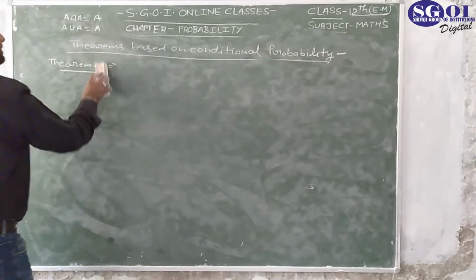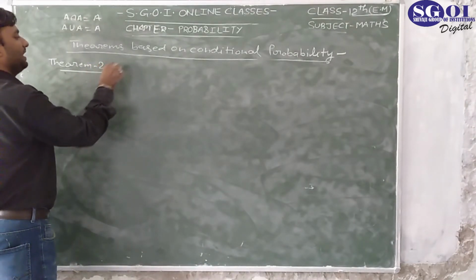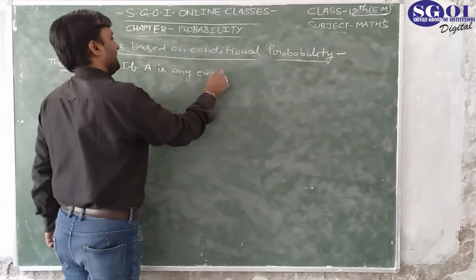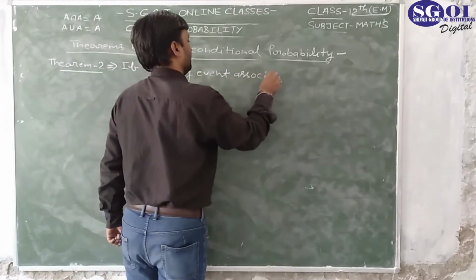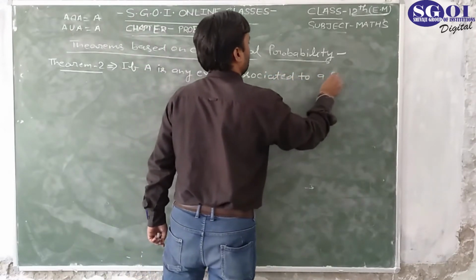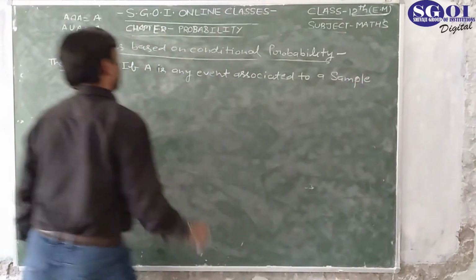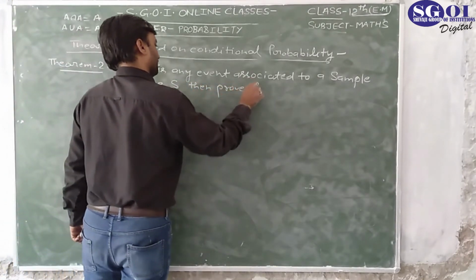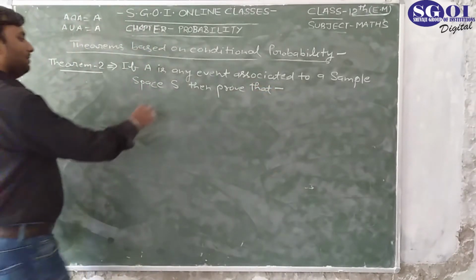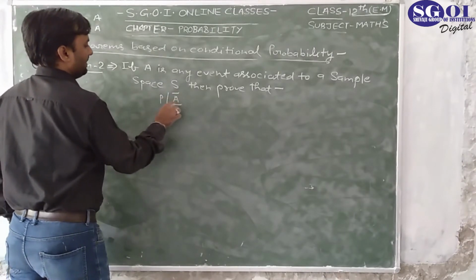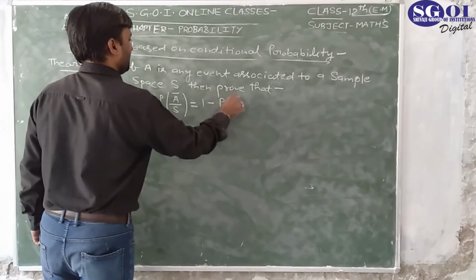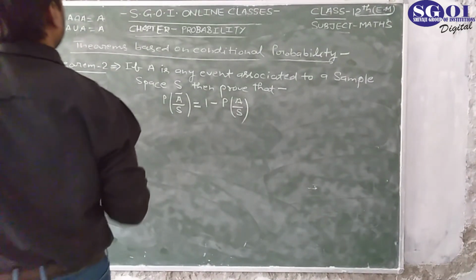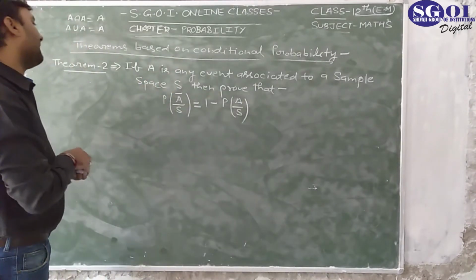The statement of theorem 2 is: if capital A is any event associated to a sample space S, then prove that probability of A bar upon S is equal to 1 minus probability of A by S. So in this theorem, capital A is any event associated to a sample space S.